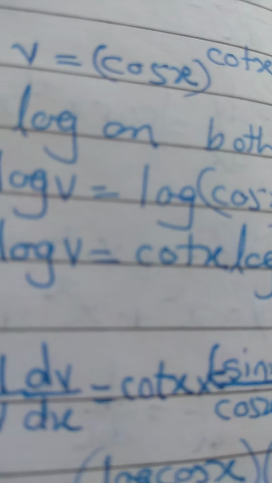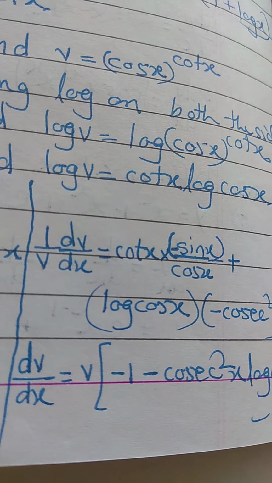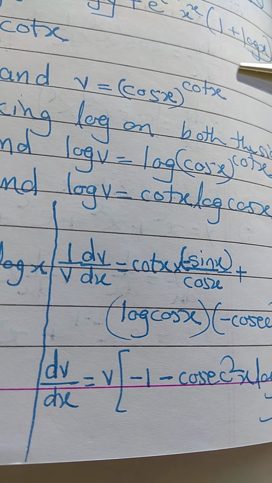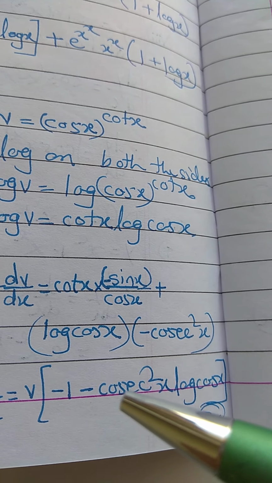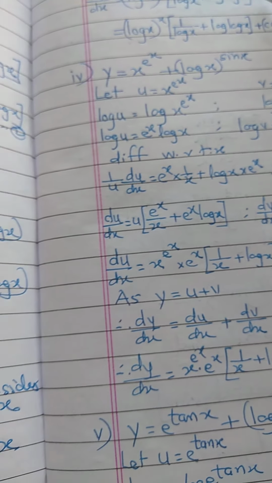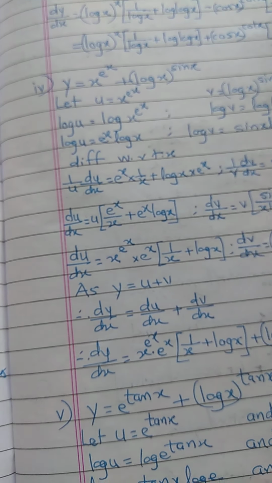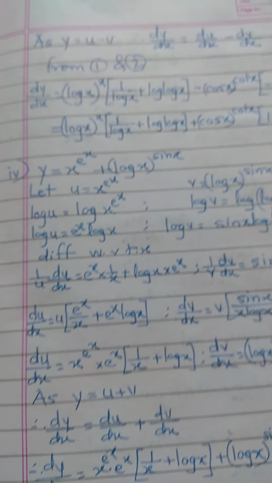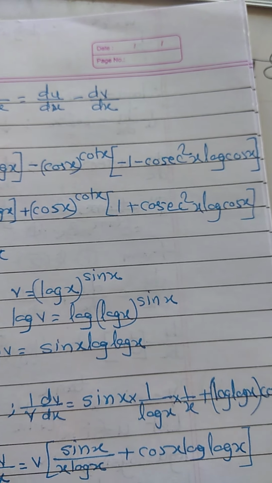Check dv by dx. From 2 we can have dv by dx as v times, and what is v here? v is cos x raised to cot x. In bracket we can take out this minus sign. So cos x raised to cot x, minus dv by dx, so minus sign is there. In bracket, what is this? Minus 1 minus cosec square x log of cos x.